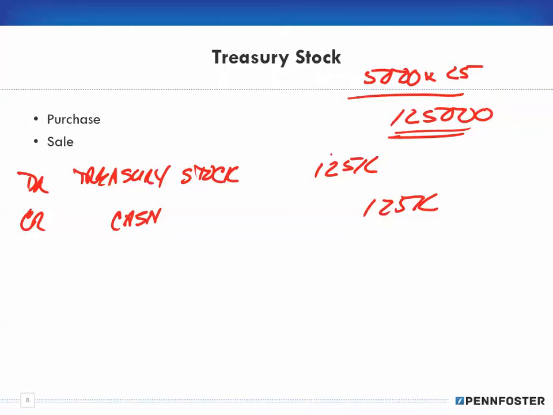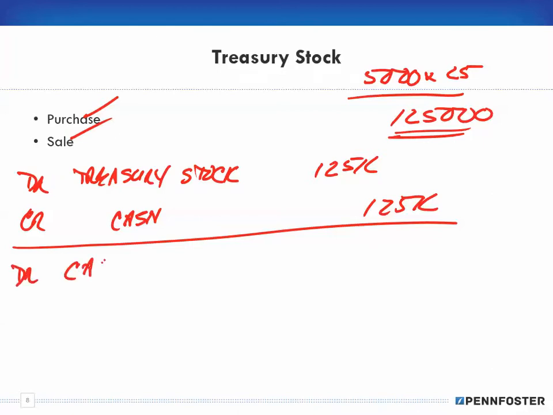Now, that was the purchase of the stock, and according to the book, we're going to sell some of that stock back into the marketplace. When we sell it back into the marketplace, we're going to debit our cash and we're going to credit our treasury stock. In this case, they're selling 500 shares back.